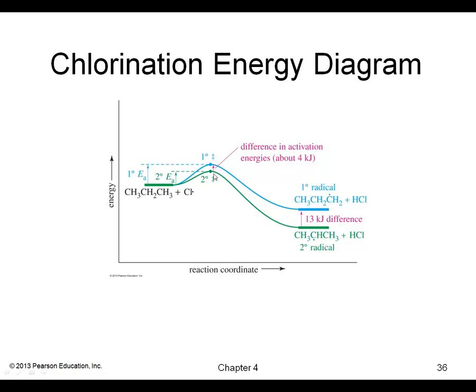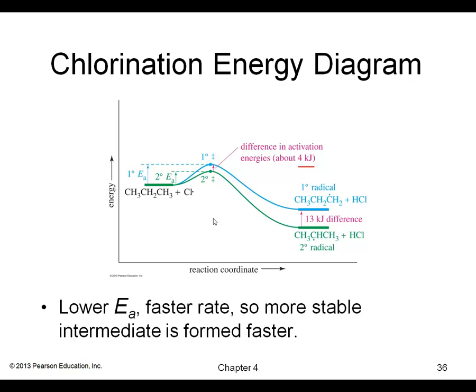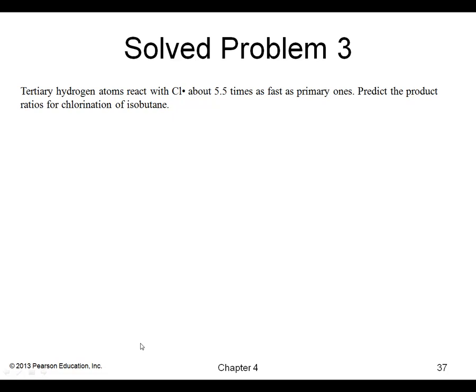You also see the difference in the activation energy. The primary has 4 kilojoules higher activation energy than the secondary radical. Again, a lower activation energy means a faster rate, so the more stable radical or intermediate is forming faster.